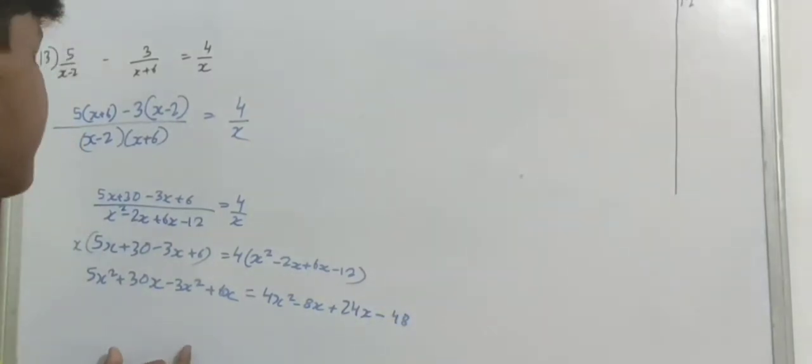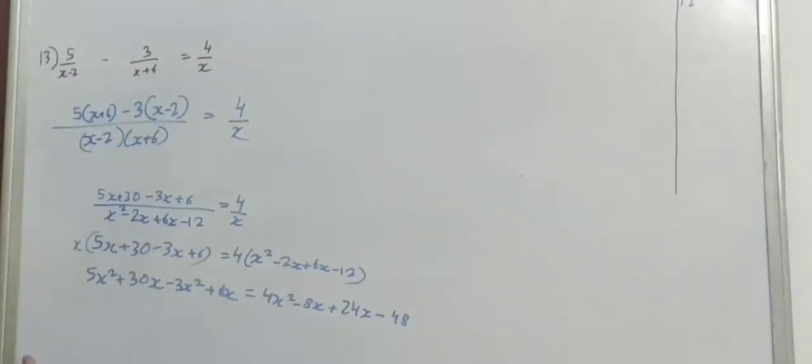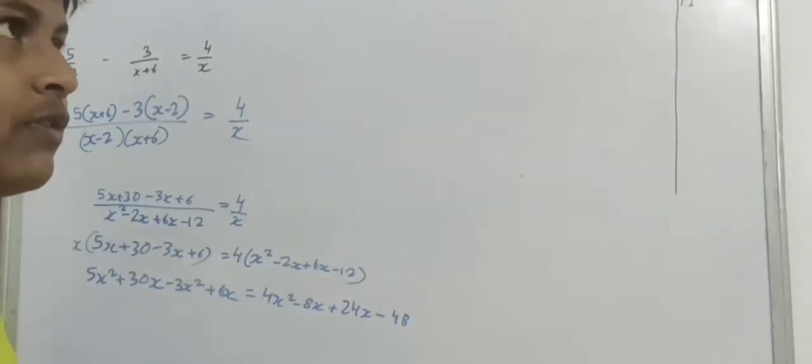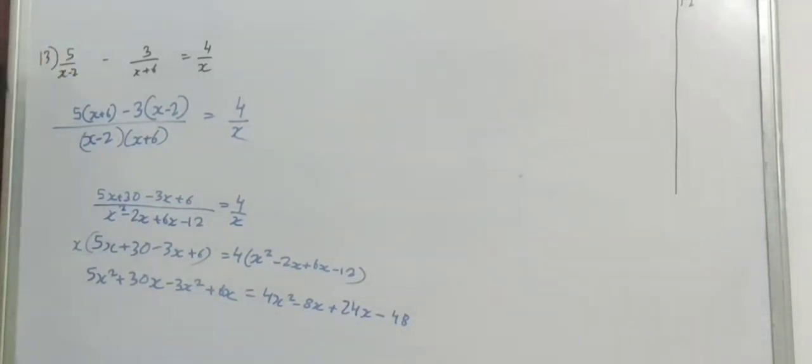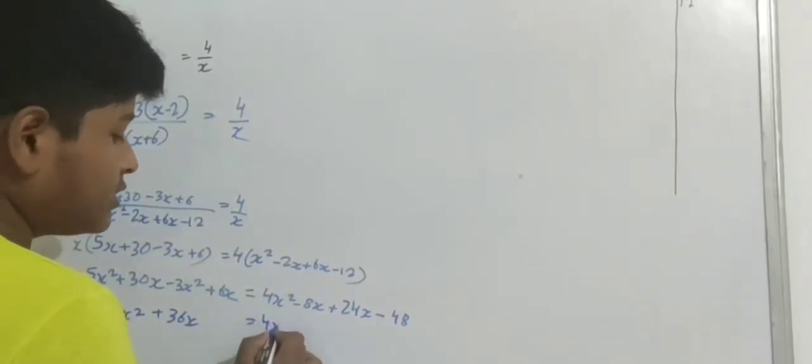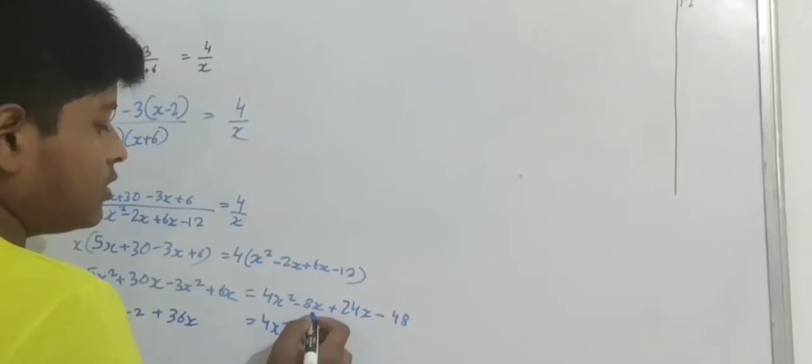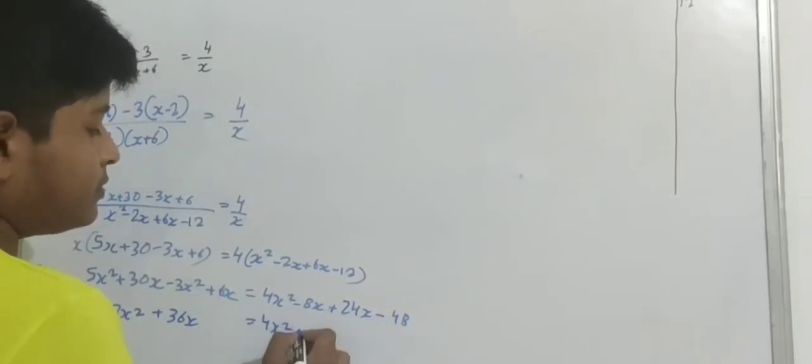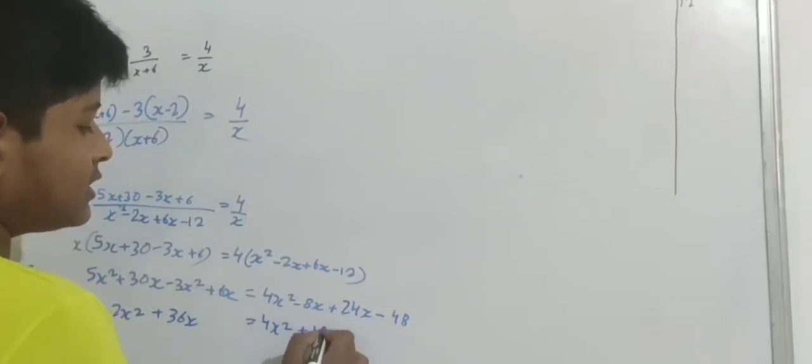So now we will simplify first on either side of the equality sign. So 5x square minus 3x square, it will be 2x square, 30x plus 6x, so plus 36x. Now this side 4x square minus 8 plus 24, so it will be plus 16x minus 48.